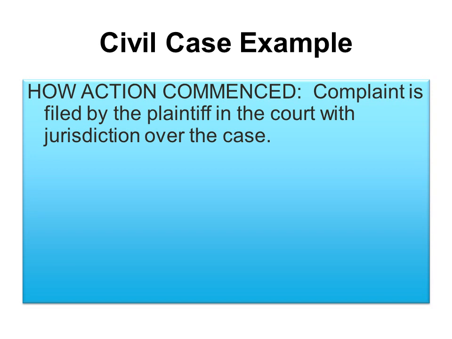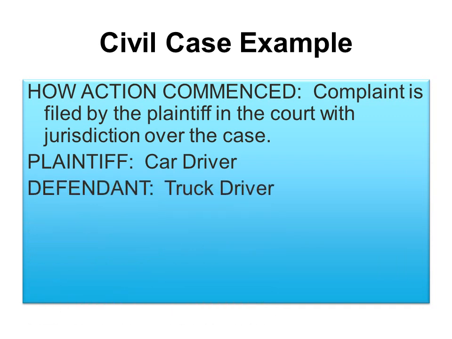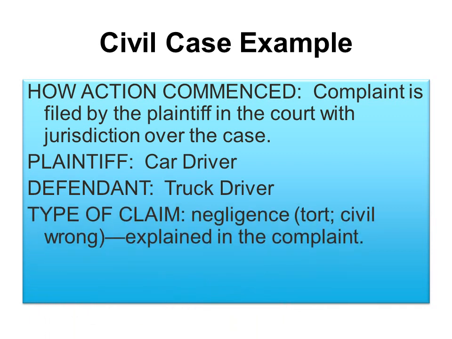That's a different story for areas like Chapter 5 and 6 to come. But a complaint is filed by the plaintiff, and the car driver is the plaintiff. The defendant is the truck driver, the one that ran the red light. The type of claim is negligence.